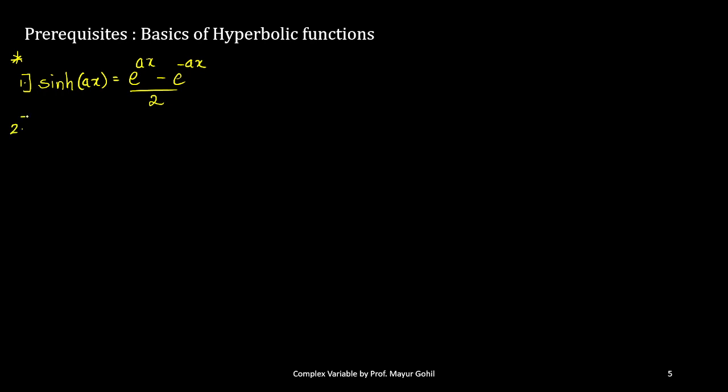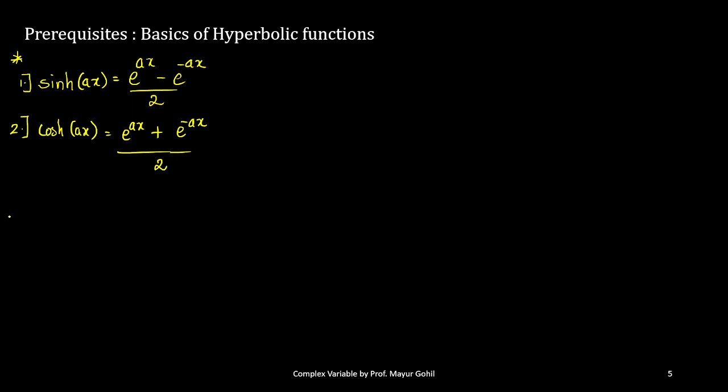The second formula here is cosh(ax). Its definition is e to the power ax plus e to the power minus ax, divided by 2. This is the definition.